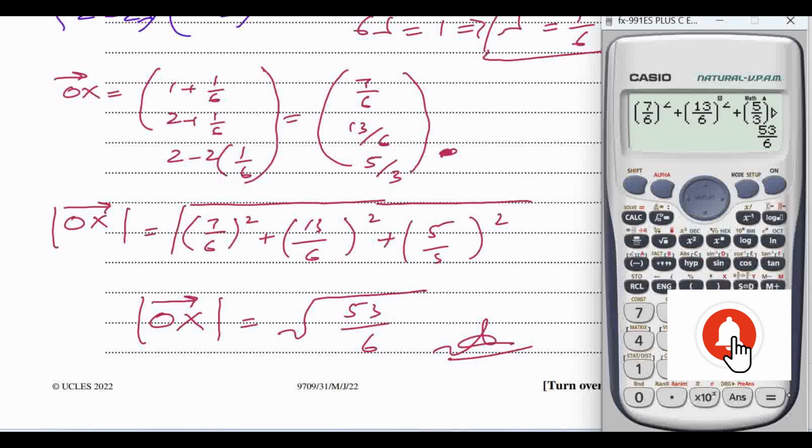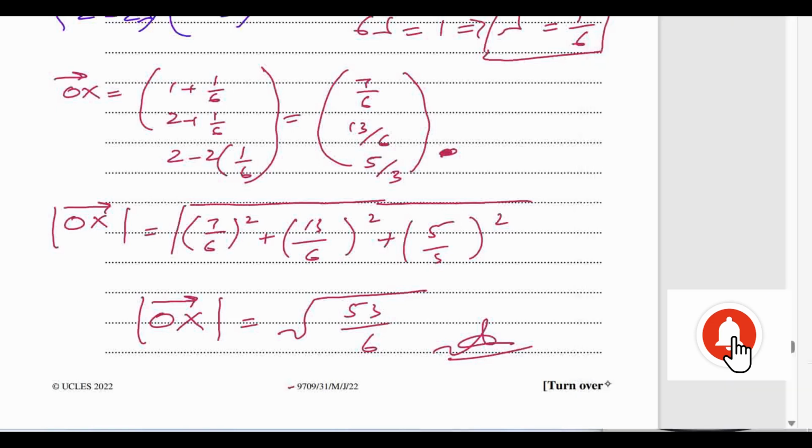So this will be equal to 53 by 6. And if you have not solved the square root further, this will remain the answer. I hope that the concept is clear.